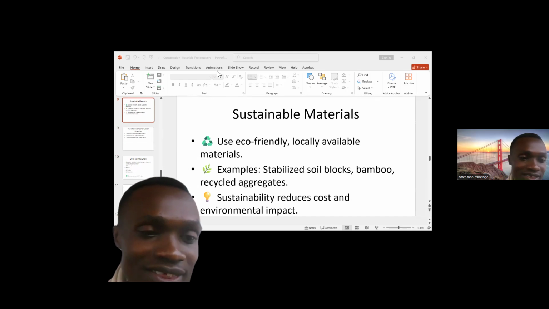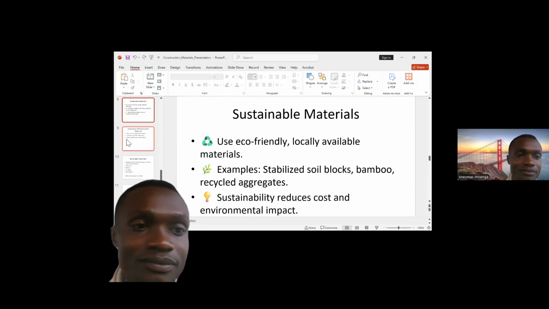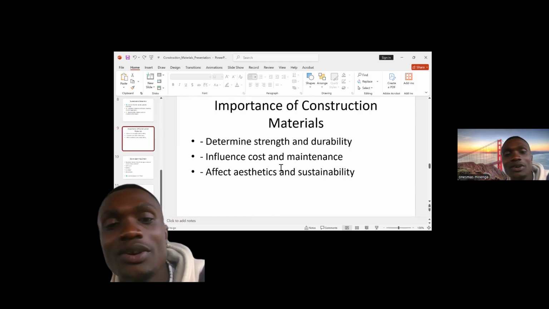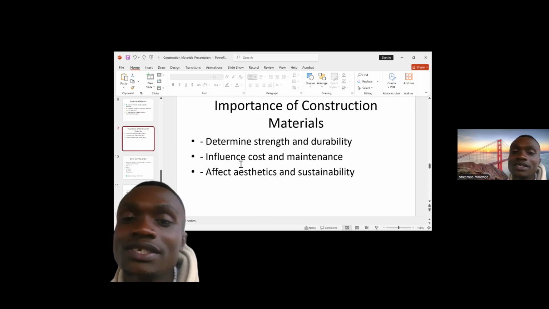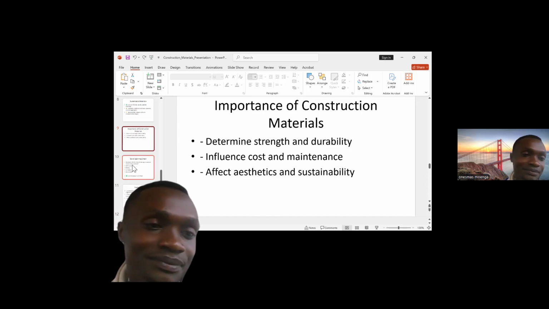Simeo: determine strength. That's good, Simeo. Determine strength and durability. It influences cost and maintenance, and affects aesthetic and sustainability.